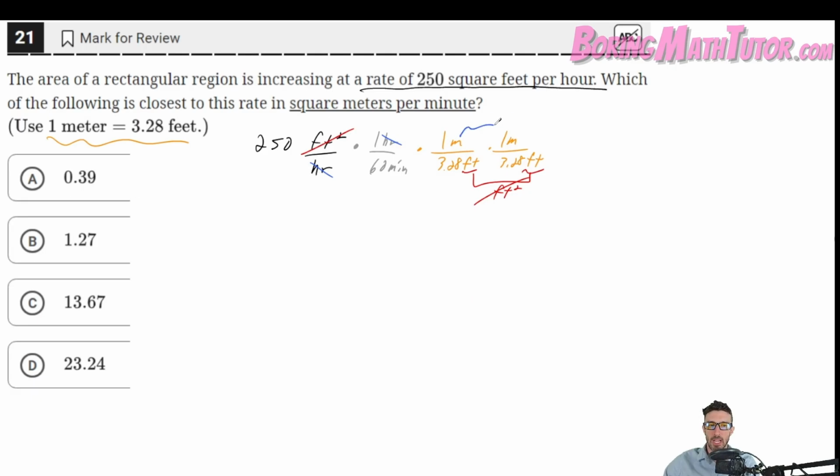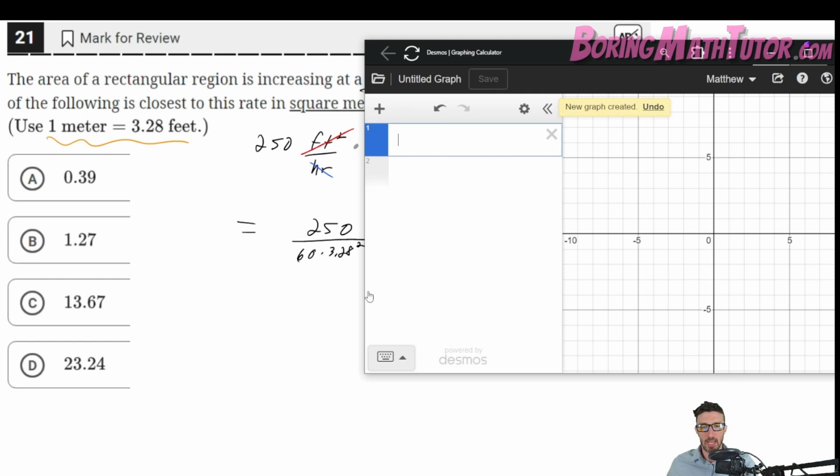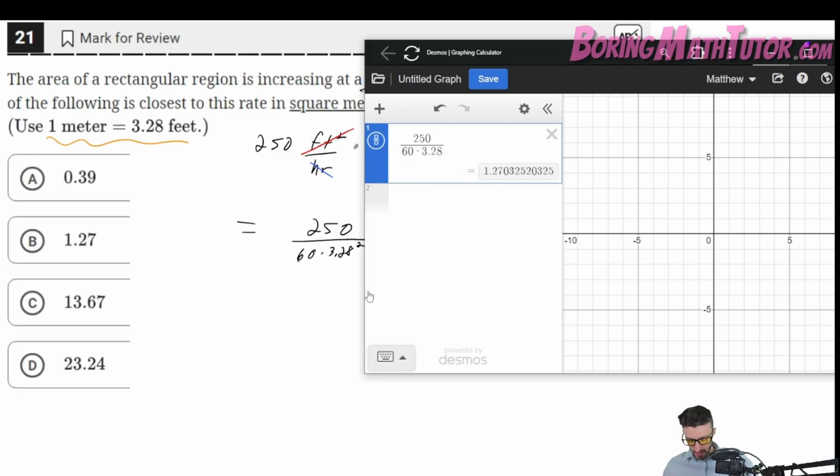And meter times meter, that's meter squared. So at this point, I just have to write what's left. It's 250 times 1, which is 250. And on the bottom, it's 60 times 3.28 squared. So that's it. All I got to do is now just type that in, and I'll be on my way to the very last problem of this practice test.